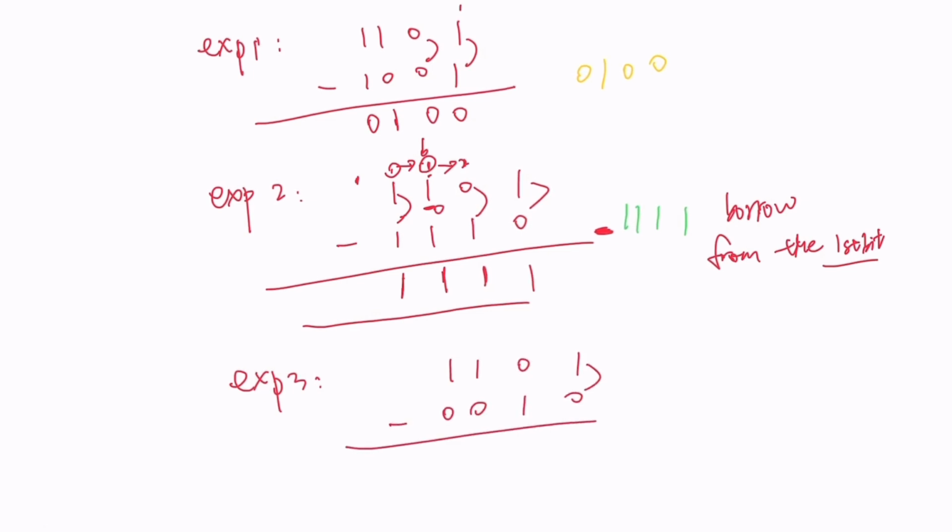So this one is 1 minus 0 is 1. 0 minus 1, we have one borrow. That will give us 2. 2 minus 1 is 1. And we already have one borrow for this one, so that will change it to 0. So 0 minus 0 is 0. 1 minus 0 is 1. The result is 1011.